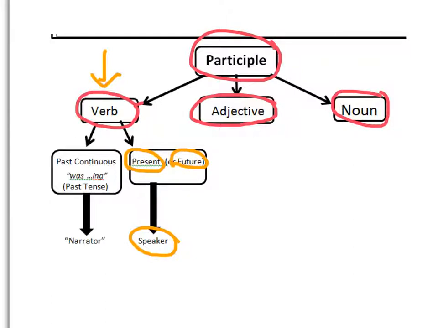And when there's a narrator, it's going to be that past continuous, that was ing form. We did say occasionally it will be regular past tense, but that's fairly rare. Okay, so we understand this chart about participles. Next, we're going to look at what happens when participles are translated as nouns. Okay, stay tuned.